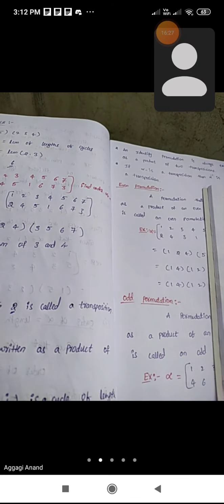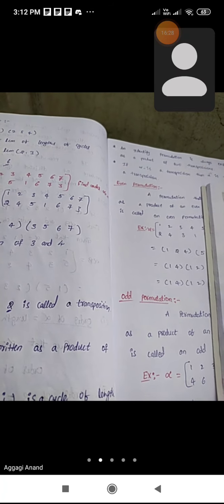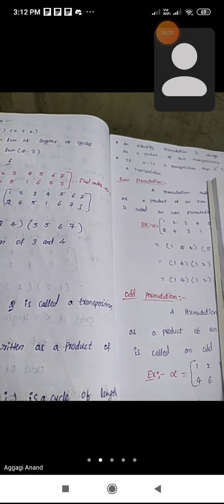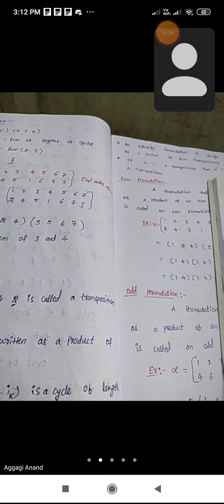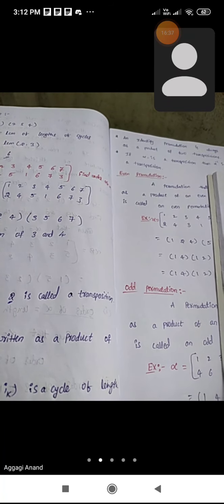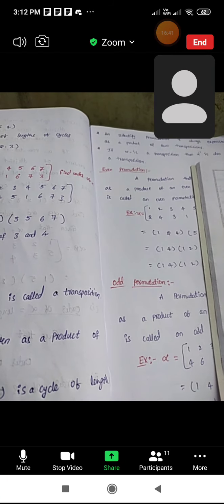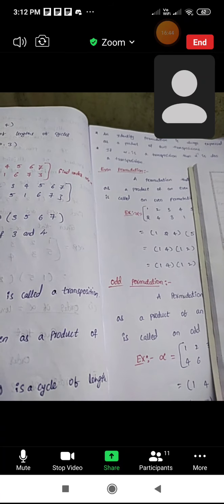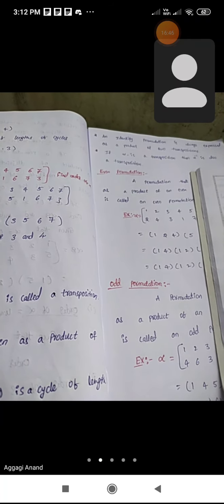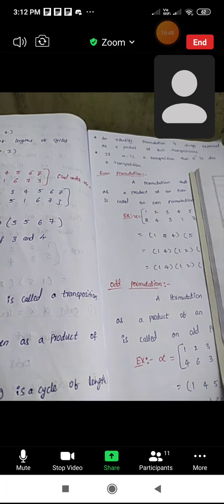This is the unit 2 chapter. Today we will complete permutations. Tomorrow we will discuss normal subgroups. Okay, thank you. Bye.